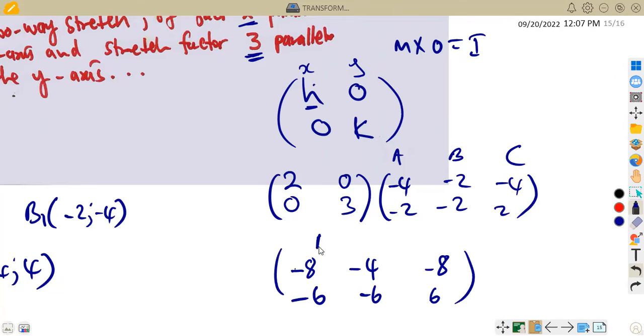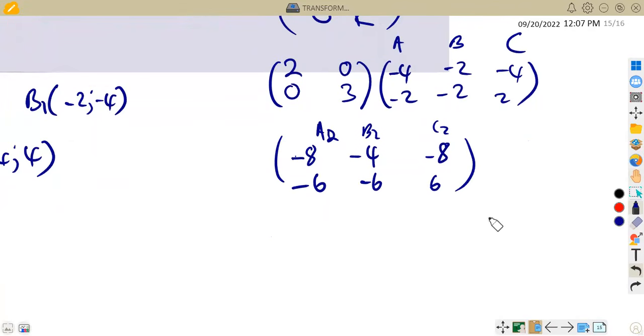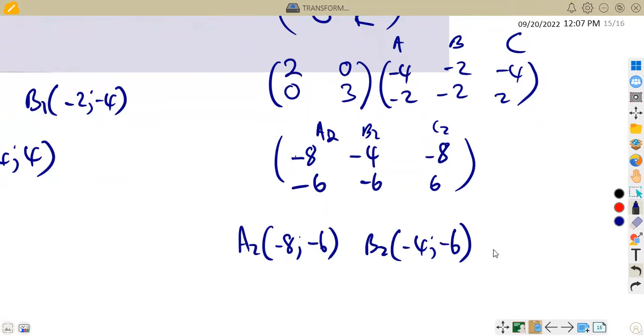Okay, so this will be your A2, B2, C2. So you just do your normal matrix multiplication. These are the answers that you're going to get, which is -8, -6 as your A2, your B2 as your -4, -6, and your C2 as your -8, 6.